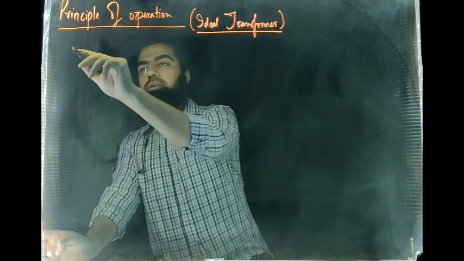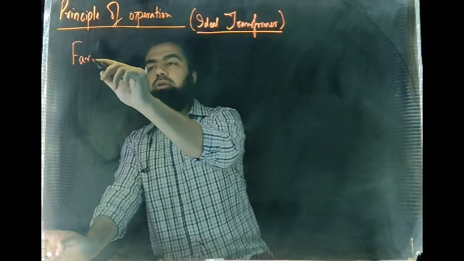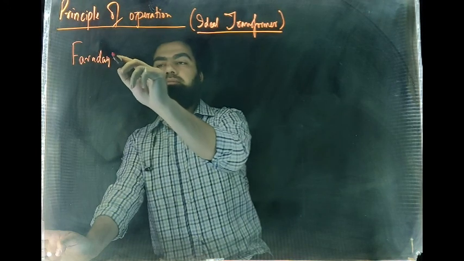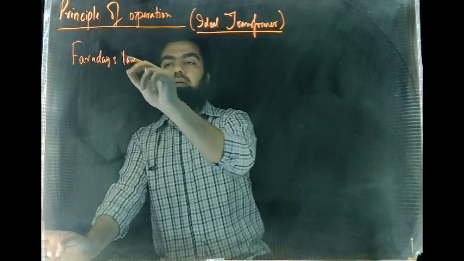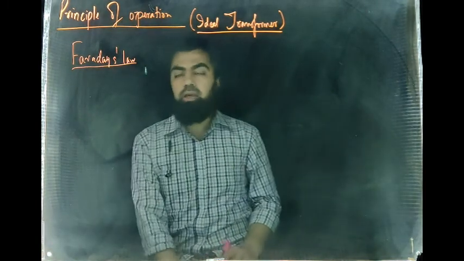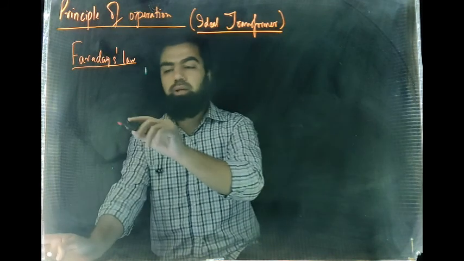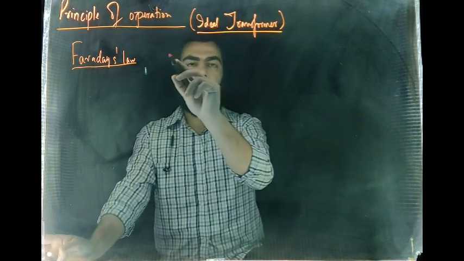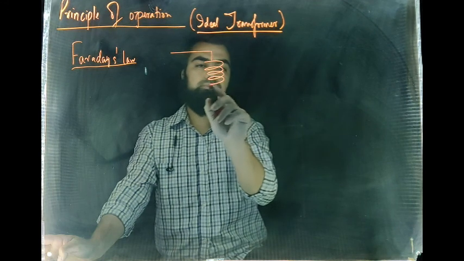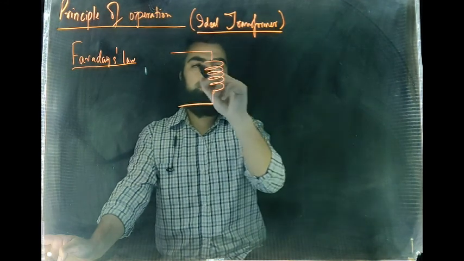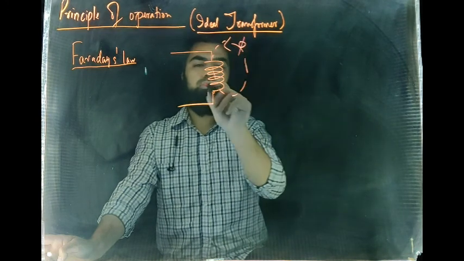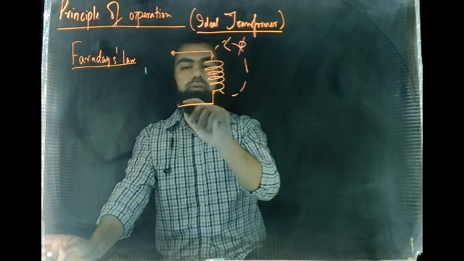The basic principle of operation of a transformer is derived from Faraday's law, which states that when a coil comes in contact with a time varying flux, voltage is induced in that coil.